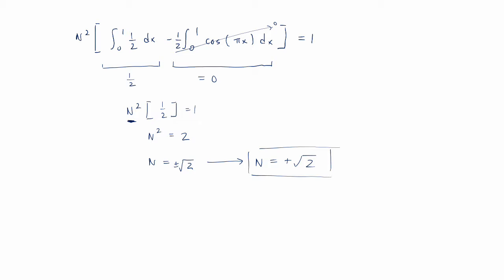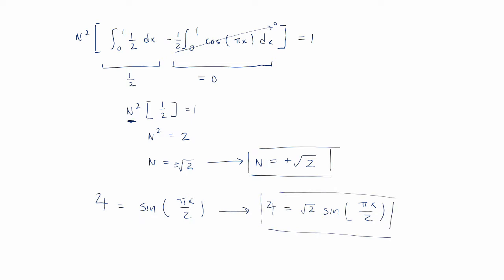Now I can rewrite my wave function normalized. So psi was equal to sine of pi x over 2, and so now psi is equal to the square root of 2 times sine of pi x over 2. And that's my final answer.